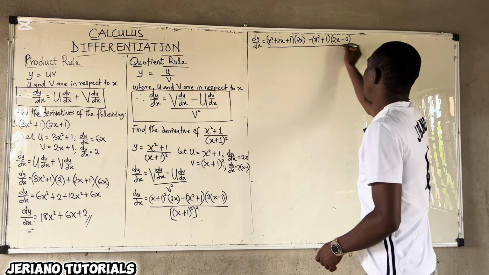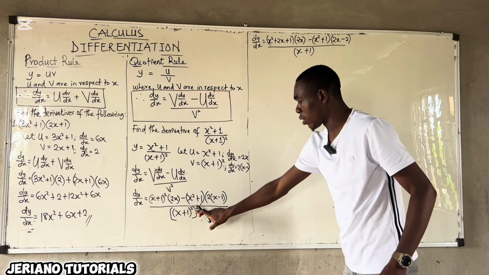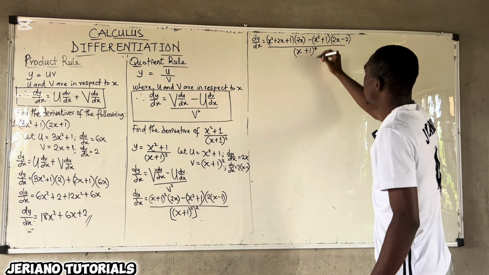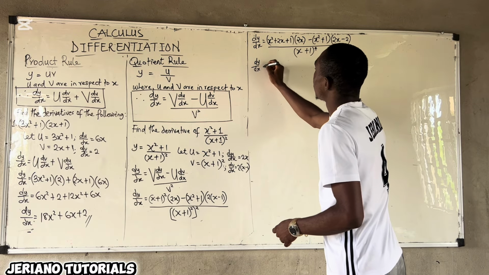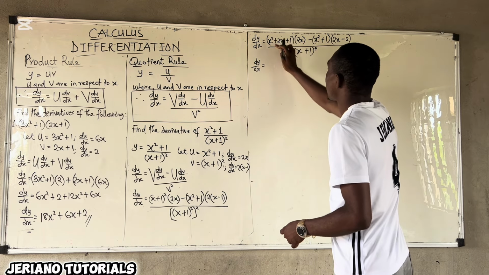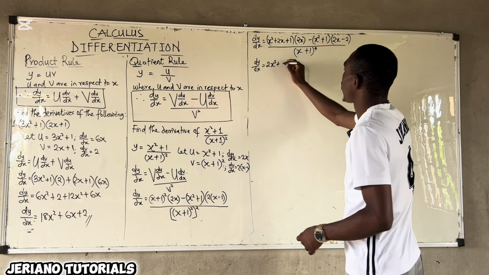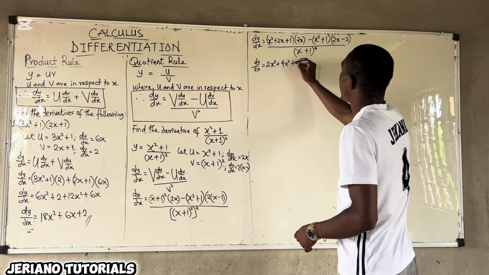Okay, over x plus 1. Now 2 times 2, our product power law in indices becomes 4. Now dy/dx, we open up the bracket with this 2x times x squared, we have 2x cubed, plus 2x times 2x, we have 4x squared, 2x times 1, it is plus 2x.